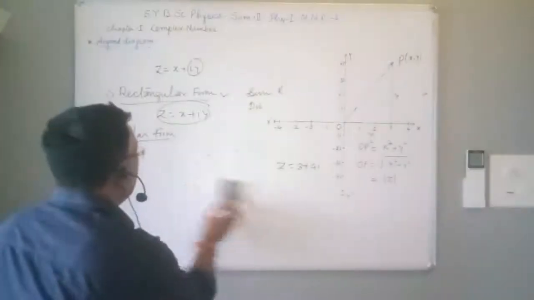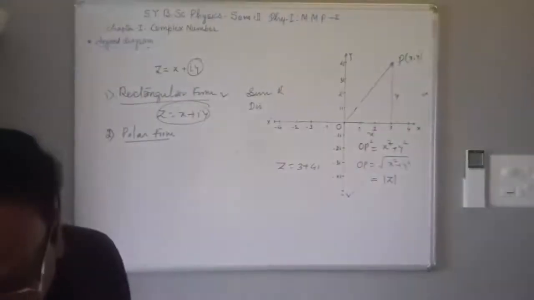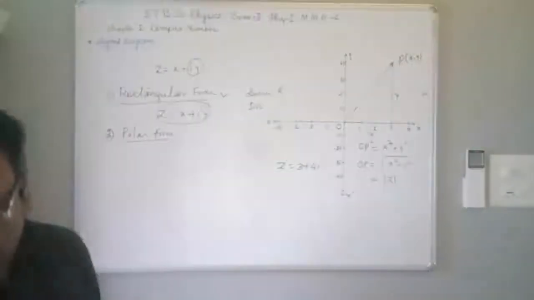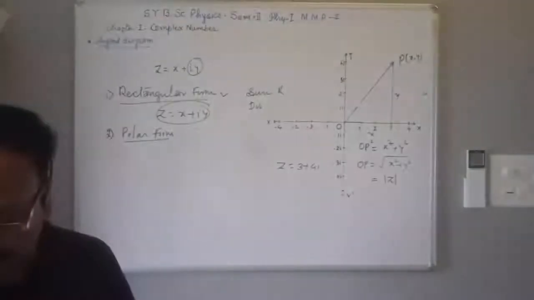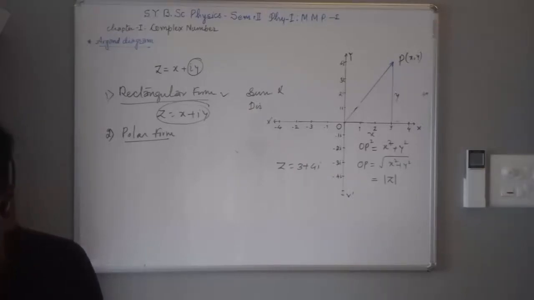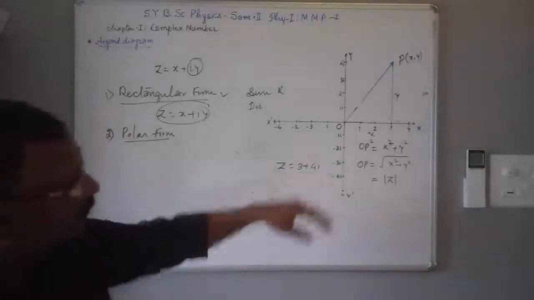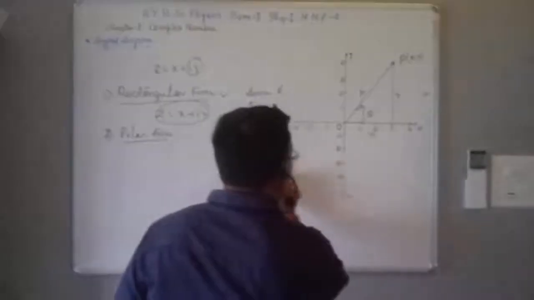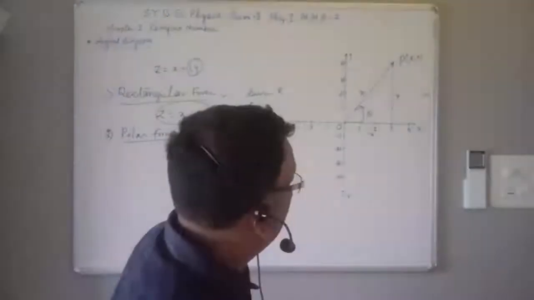See here, polar form. In two-dimensional analytical geometry, polar coordinates r and theta and Cartesian coordinates x and y are used. This figure gives us the modulus and argument or phase angle.